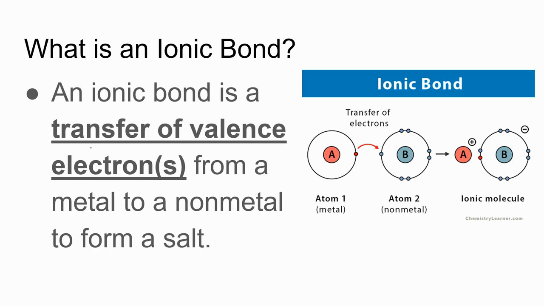So this is like the valence electron gets stolen by the non-metal, and the metal loses its electron. Then we get positive and negative charge.